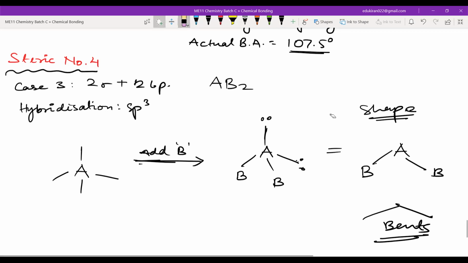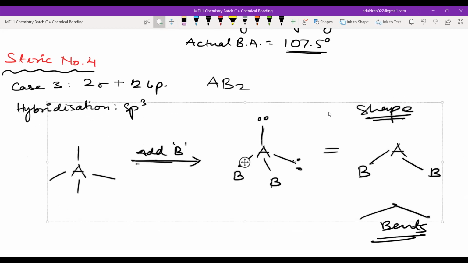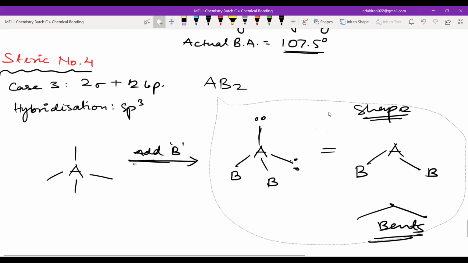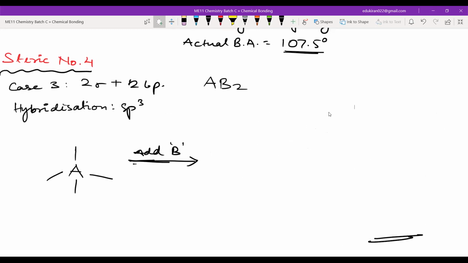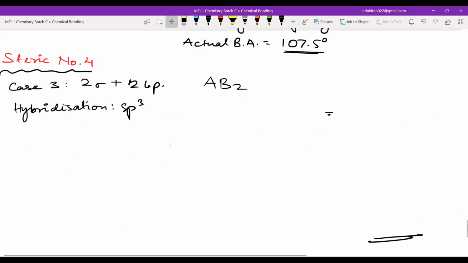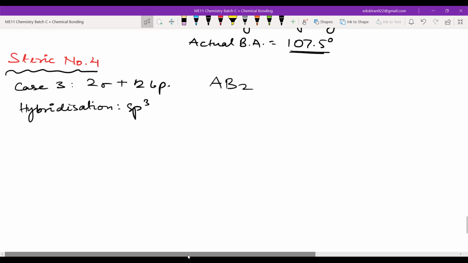So here, don't write all these things. You just have to write a few things. You have understood all these parts. Delete this, and erase this. Hybridization is sp3.